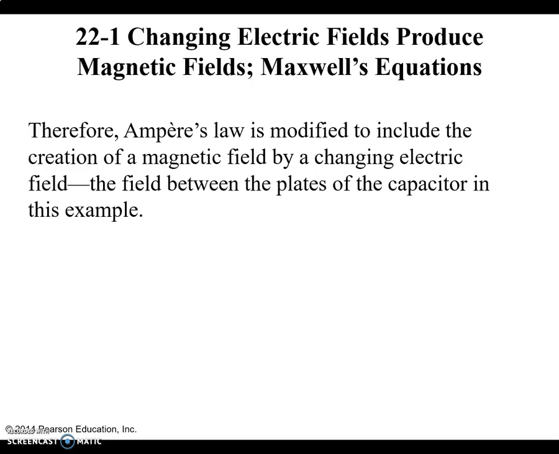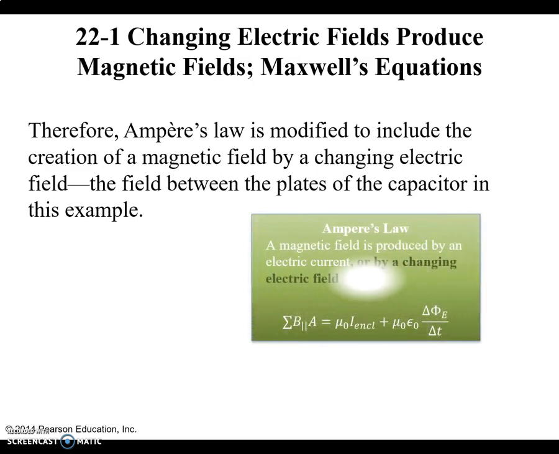Ampere's law now includes the creation of a magnetic field by a changing electric field. And so we find that the sum of all magnetic fields parallel to the outline of some surface area A would equal mu naught times any currents enclosed plus mu naught times epsilon naught times any change in electric flux over the change in time.